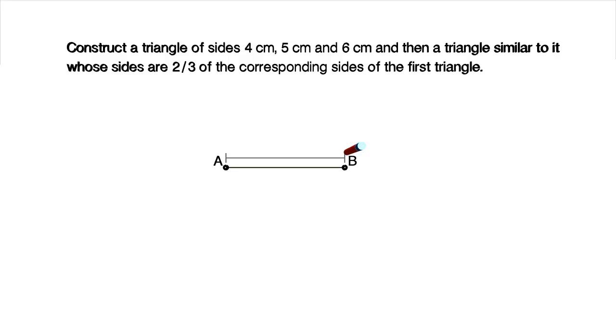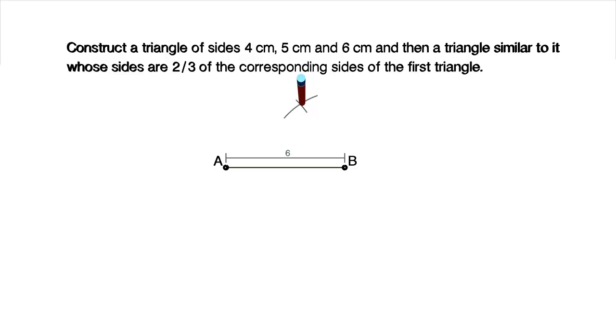Let me measure 4 centimeter using the scale, and now I'll keep the compass on point B and cut an arc. The remaining side among these three is 5 centimeter. Let me measure 5 centimeter using the scale and draw an arc by keeping my compass at point A, and this arc should intersect the previous arc.